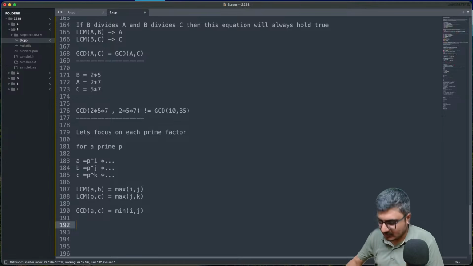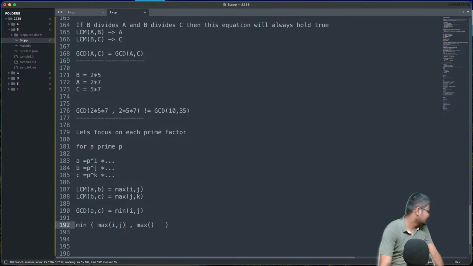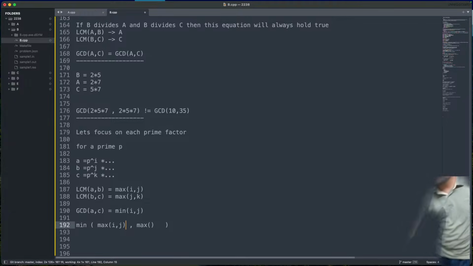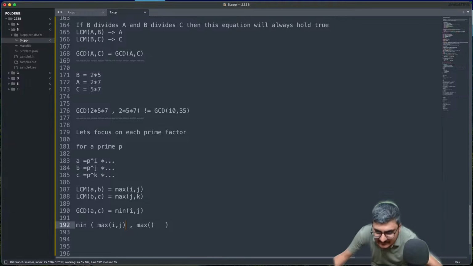And now if we put in all the equations, we will end up with maximum of I comma j on this side. I think we are back.